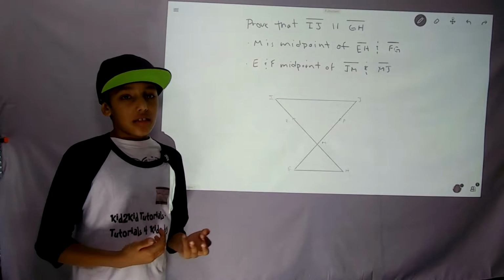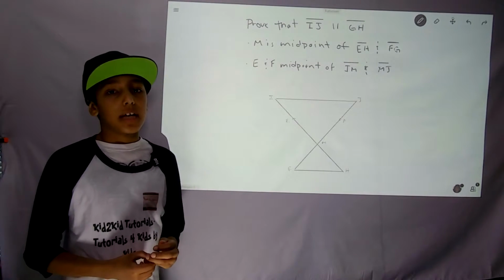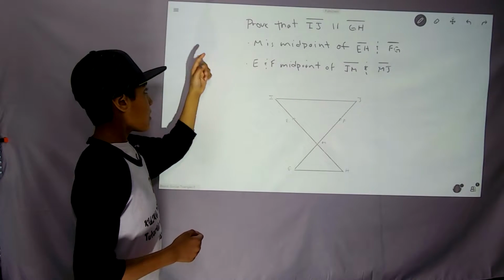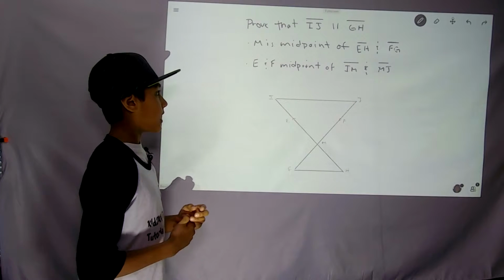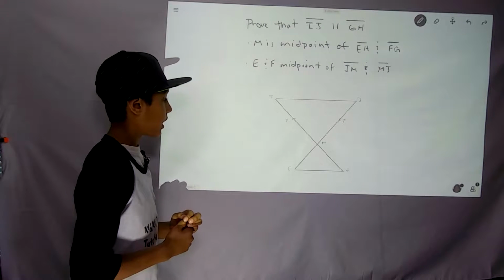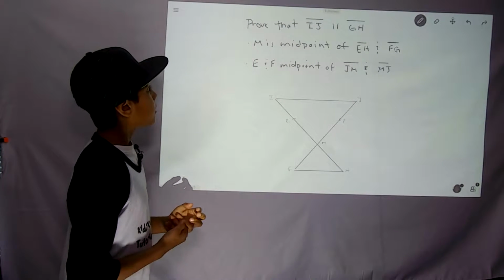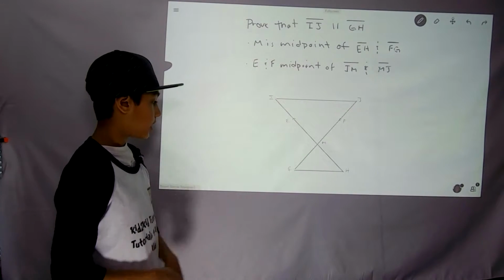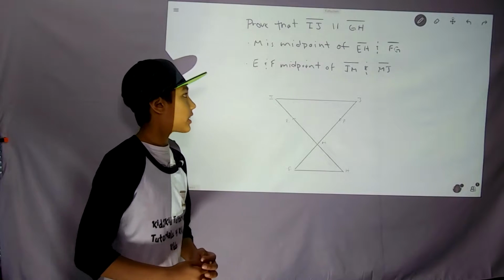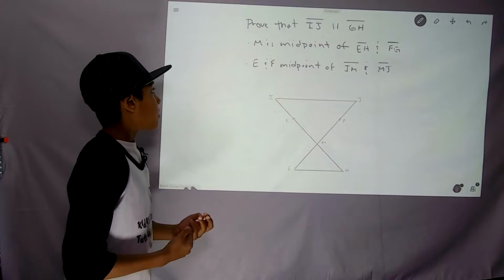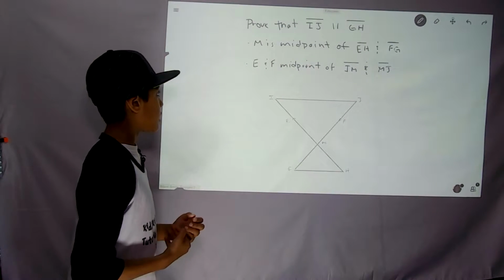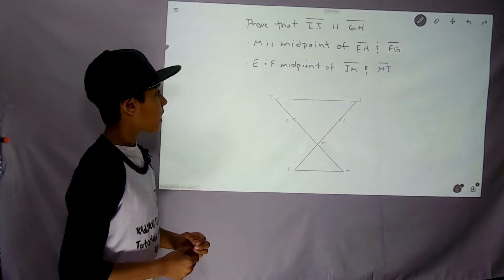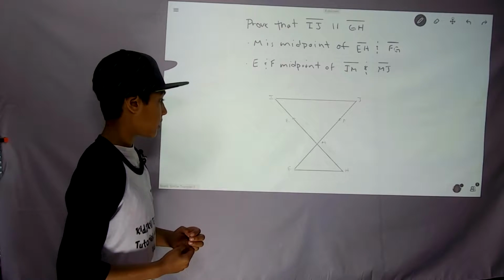Now that you know a little bit more about SAS similarity, we can use that to try to prove this problem, that IJ is parallel to GH. We're asked to prove that line IJ is parallel to line GH. We're given that M is the midpoint of EH and FG.